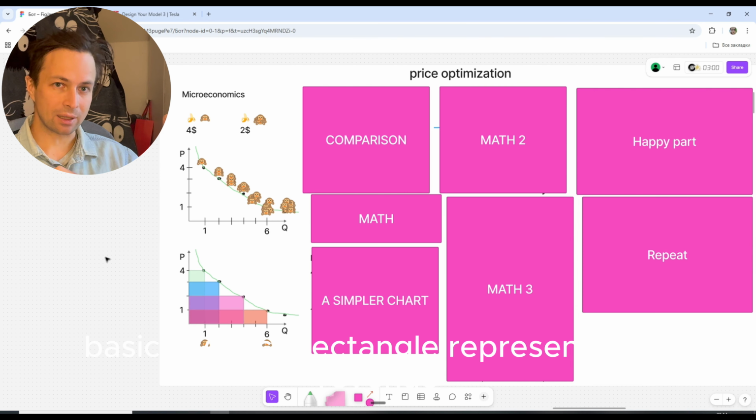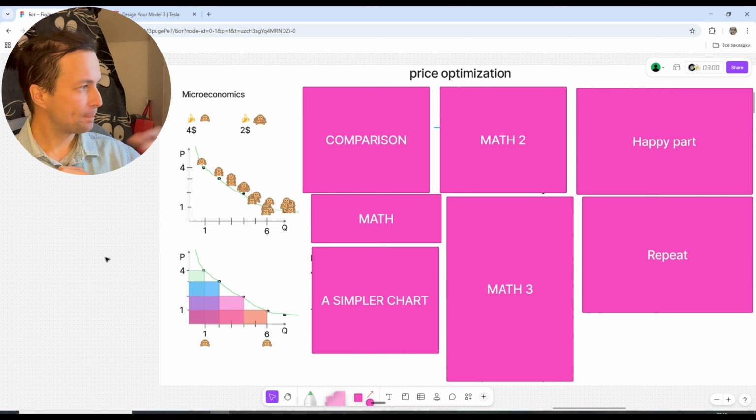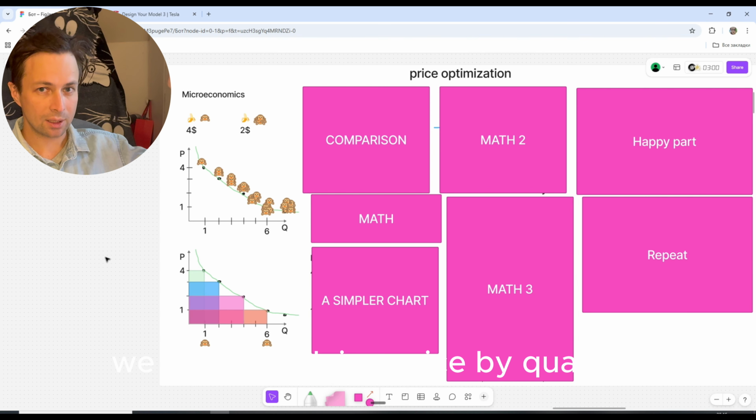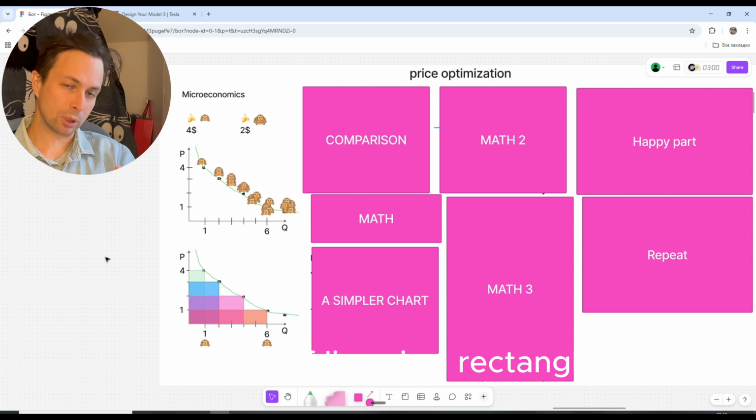Basically, each rectangle represents the revenue which we are generating because geometrically speaking, we are multiplying price by quantity, and price and quantity here each can be represented as a line. Multiplication of lines, the product of lines, is a rectangle, and the area of this rectangle represents the revenue.